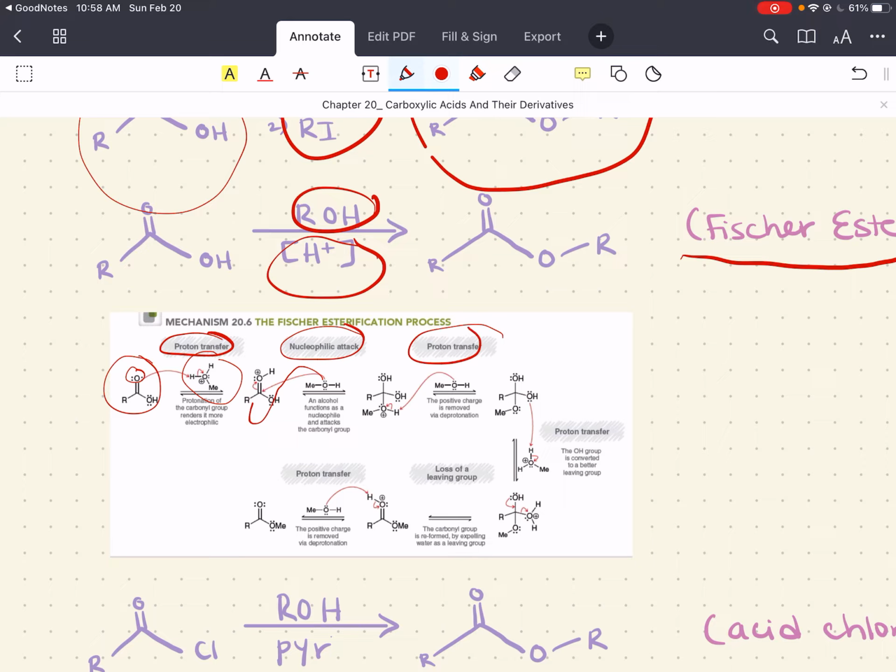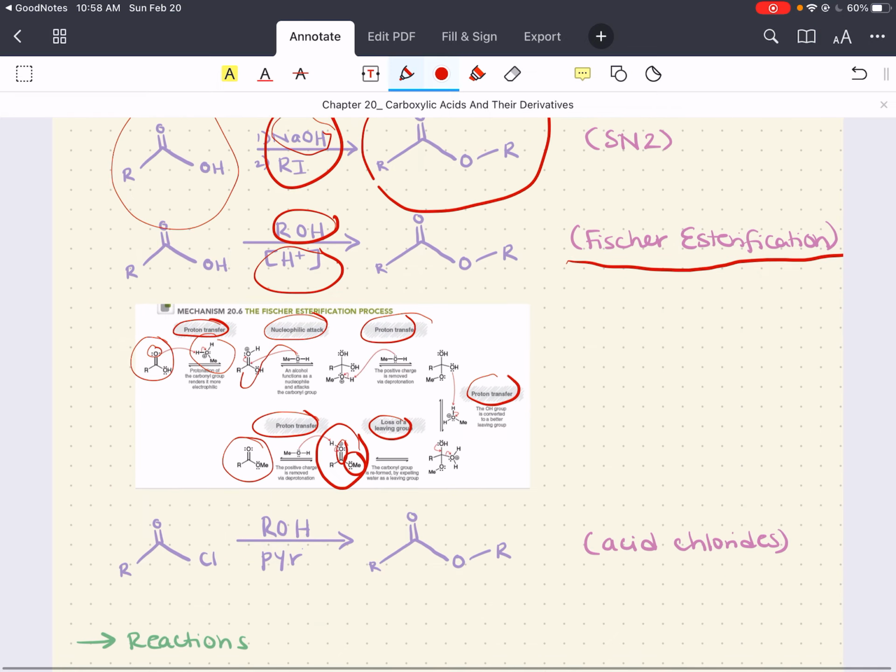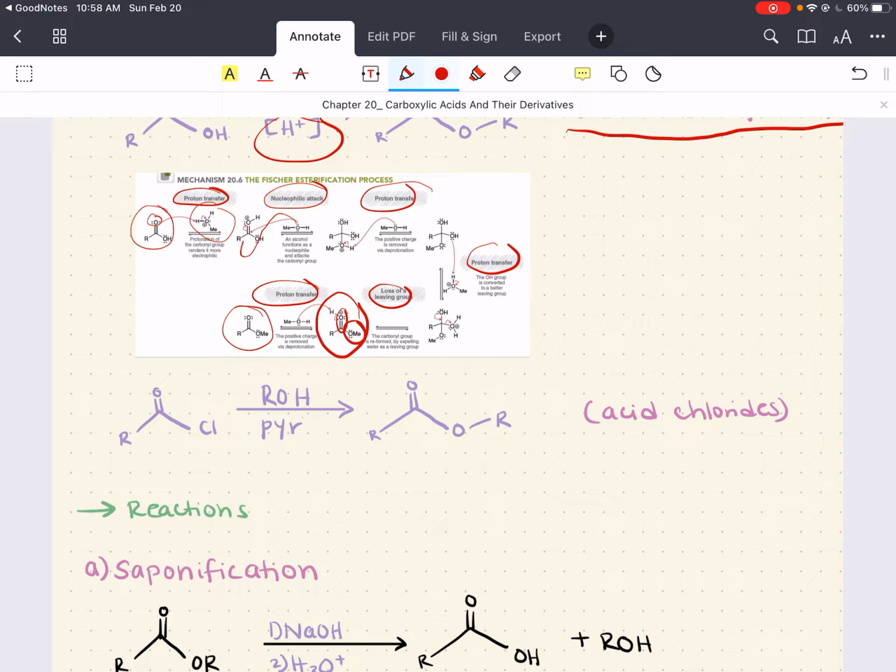Then with a few proton transfers and a loss of a leaving group, you can reform this double bond, but your oxygen still has this hydrogen, but now you've attached this ester group to it, and then you just do one more proton transfer to get your ester carboxylic acid derivative. Okay, fantastic.